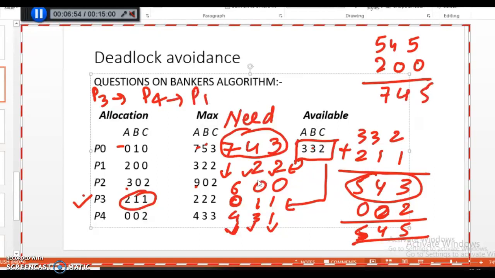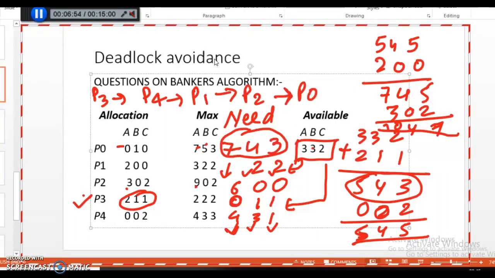Now let's check whether this can complete. Yeah, P2 can complete also. So 3 0 2 will also be there, so it will be 7, 4 and 10. After that we can run P2, then we can run P0.